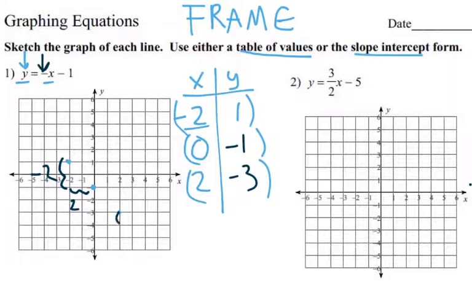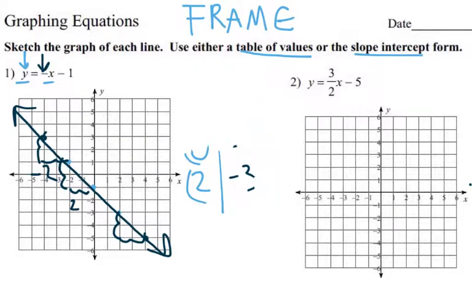And I could keep doing that, down 2, to the right 2 to make my next point, or go to the left 2 and up 2. I can use that same pattern, but I don't need to. So you can use a table like that on any one of them, and if that seems to be easier for you, go for it.